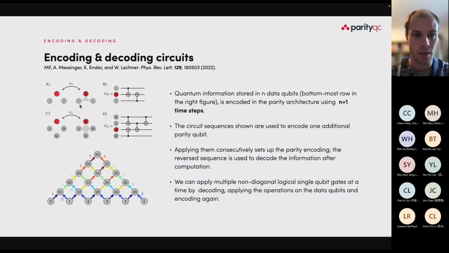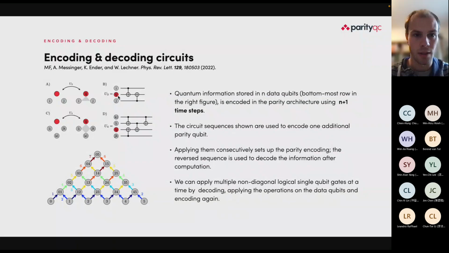To build up a parity qubit in the first row, we can just apply CNOT gates between qubit I and qubit J and the qubit that shall later represent the parity qubit between them. In this circuit you can see we do a CNOT gate from I to IJ, from J to IJ, and then this red qubit encodes the respective parity.